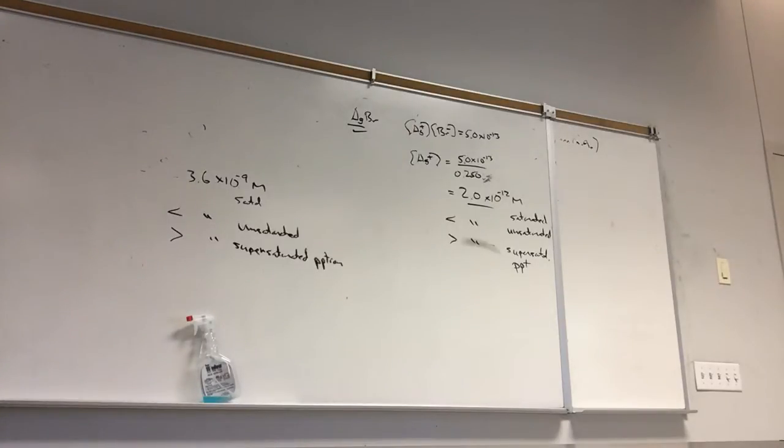So we continue the slow addition of silver ion until we get to a silver ion concentration of what?